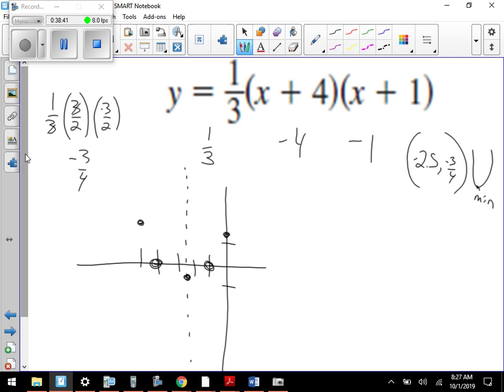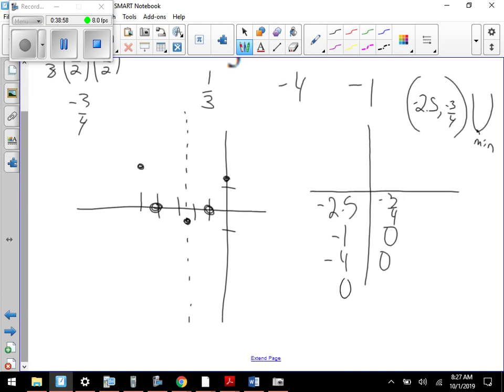So my ordered pairs: we have negative 2.5, negative 3/4 for our vertex. Our zeros were at negative 1, 0 and negative 4, 0. And then we said at 0, 4/3. Well, that was 1, 2, 3, so that was at what? Negative 5. Okay.